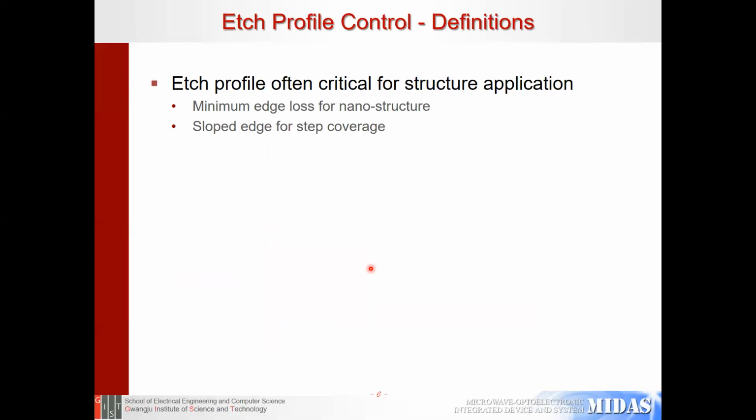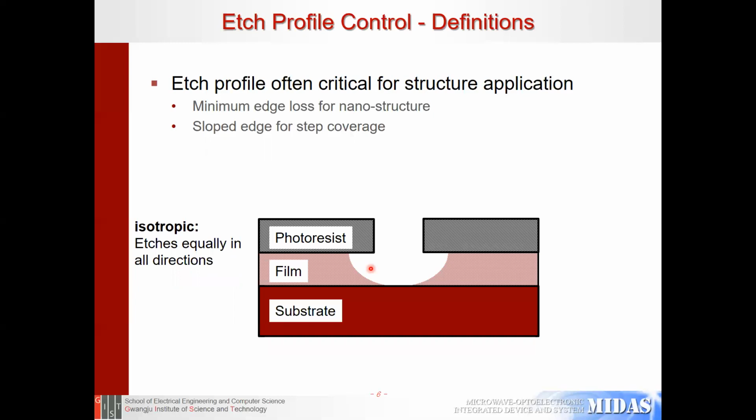In the second case, we have isotropic etching. In this etching, we have undercut. Here we have an undercut which is equal to the etch depth. So here the etching is equal in all directions.